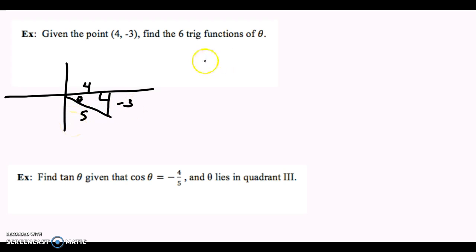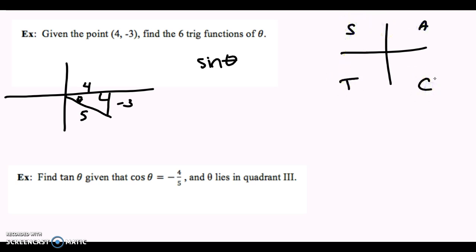So that means sine of theta, remember ASTC, it looks like cosine is going to be the only one positive, so sine theta is going to be opposite over hypotenuse, so -3/5. Cosine theta is going to be adjacent over hypotenuse, and that is a positive value, which is what I want.